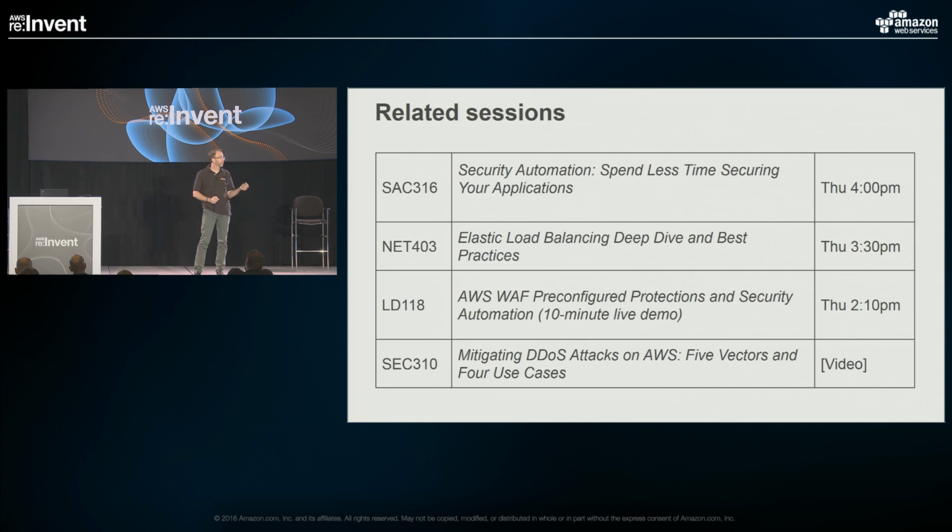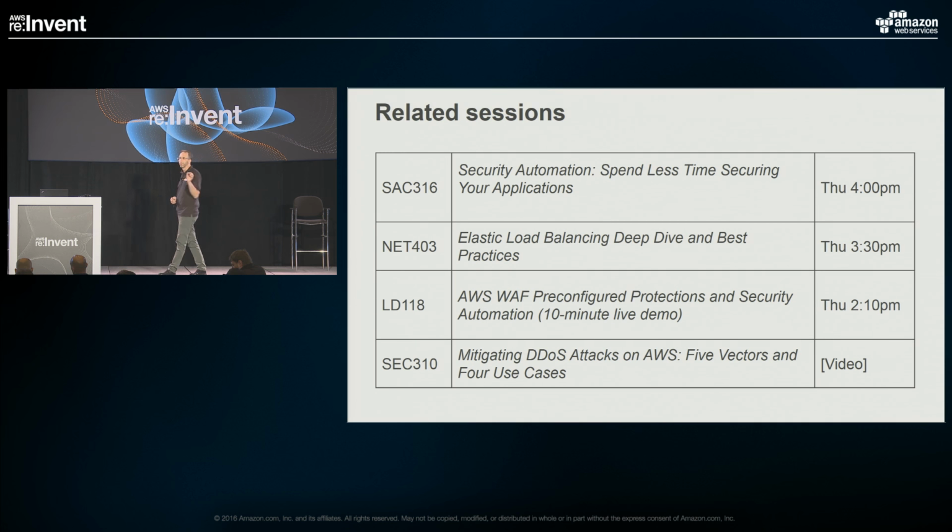Also, the Elastic Load Balancing team is giving a talk at 3:30 p.m. today that is a deep dive on best practices for using Elastic Load Balancing. They'll also talk some about WAF on Application Load Balancer there. And there will also be live demos for AWS WAF on pre-configuring protections and security. That's just a 10-minute live demo in the booth, so you'll need to mark your calendars and make sure you're there at 2:10 to view it.